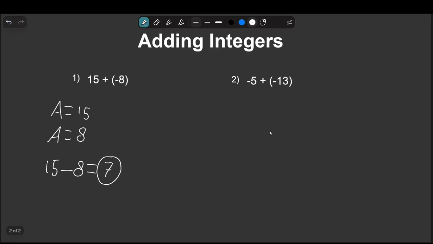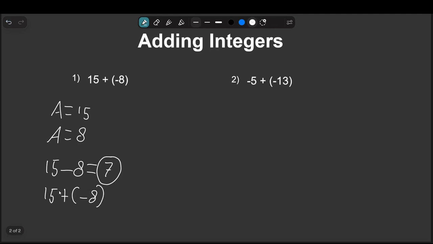We're going to go to number 2 now. Oh, and I almost forgot one thing. I'm going to tell you how this works in a way that we get our final answer of 7. So we're going to write the problem again. We have 15 plus minus 8. The minus 8 is in parentheses, so the plus and the minus don't clash with each other.